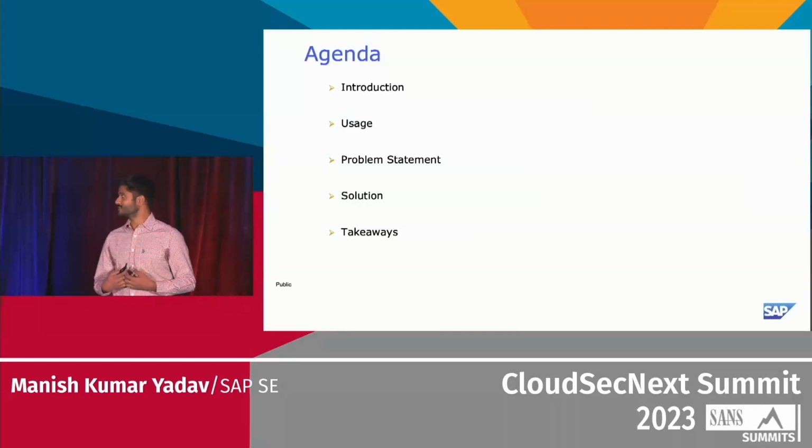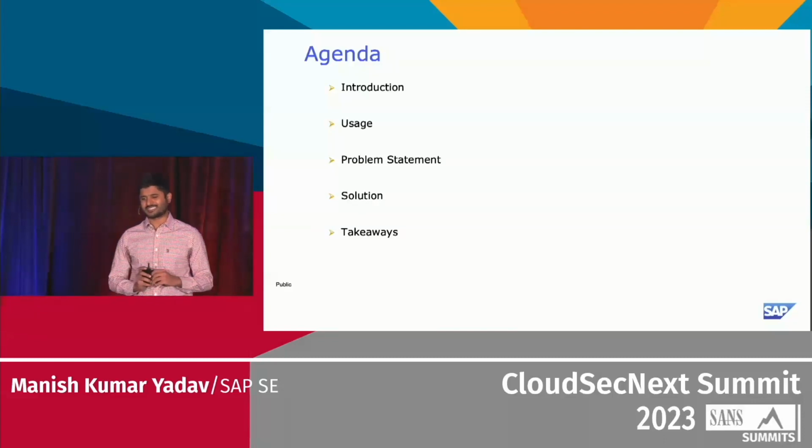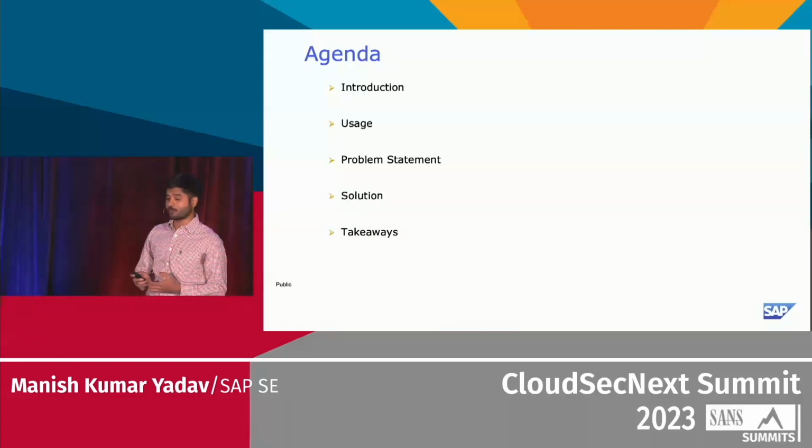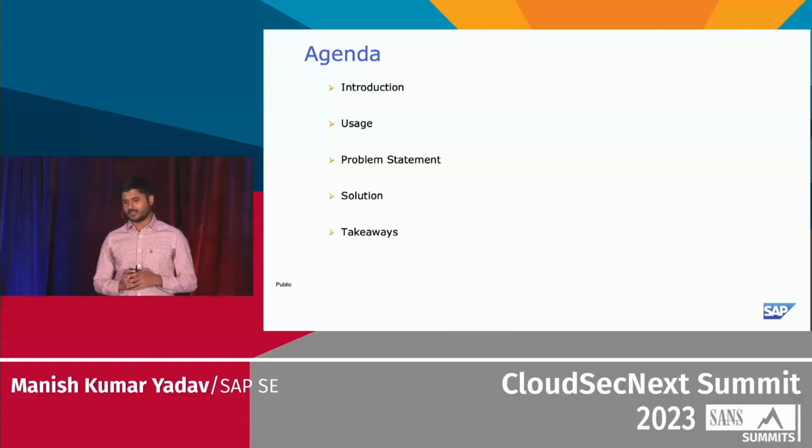When you are dealing with security in the cloud, you need to make sure that everything is correctly and properly set up. And then I also have one solution, one way to solve the problem. People can argue that there is a better way, but I'm going to focus on the one we have done in SAP.